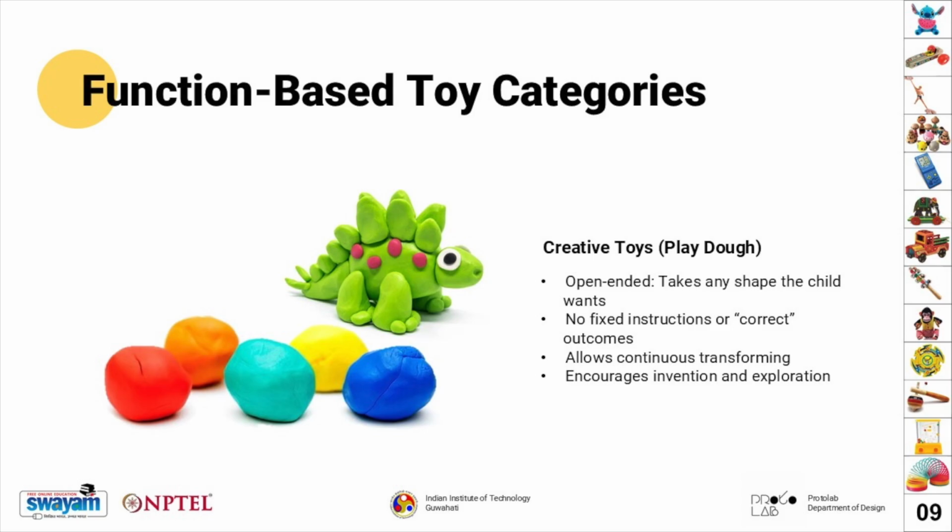They create something, change it, destroy it, and start again. This freedom to transform the material again and again is what makes it creative. And the toy follows the child's ideas, not the other way around.